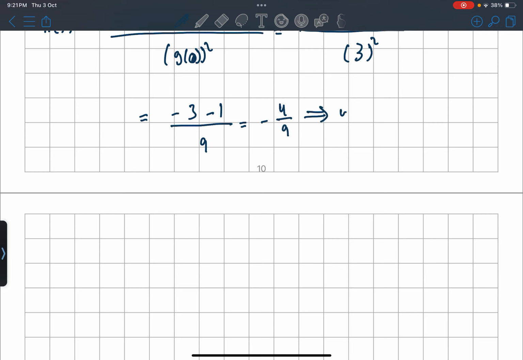So this slope will be negative 4 over 9, so the function will be negative 4 over 9 x minus 0 minus 1 over 3.